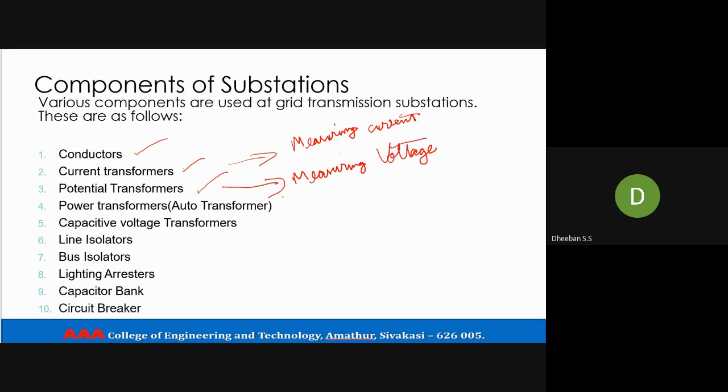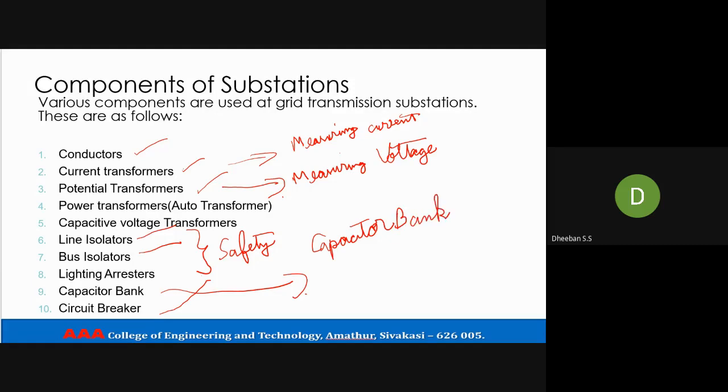Next are the line isolators and bus isolators. These are all safety precautions, and the circuit breaker also falls under safety. Whereas this capacitor bank is used for maintaining your power factor. Your power factor is maintained through this capacitor bank.